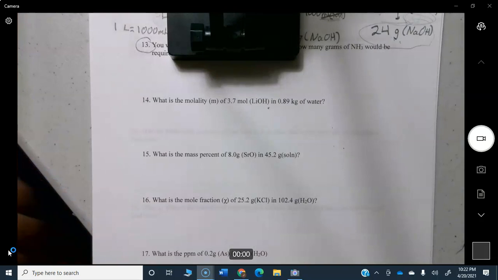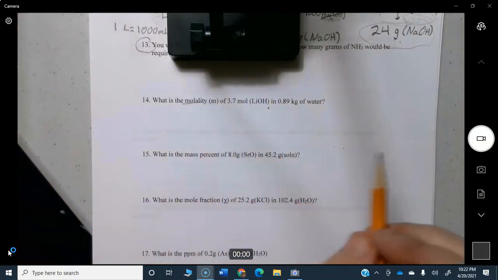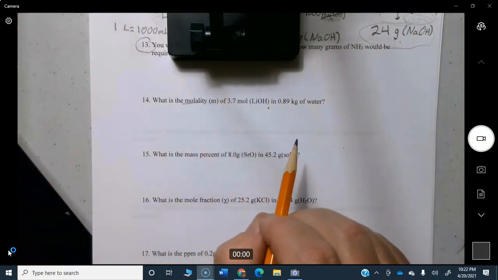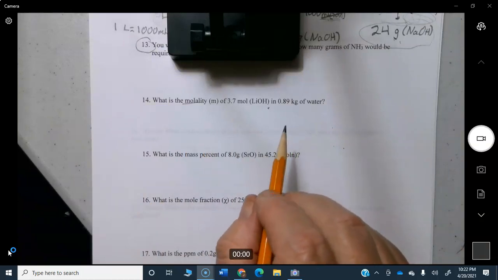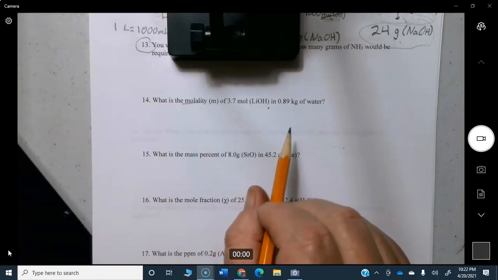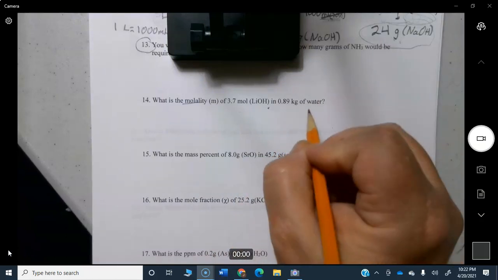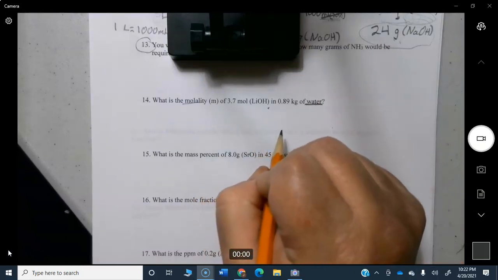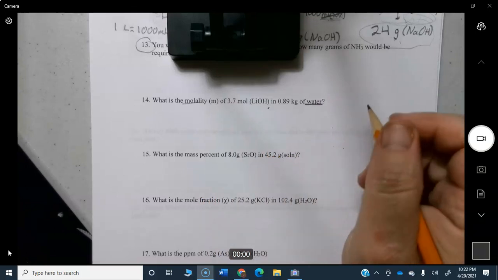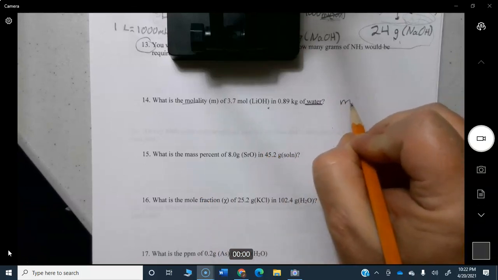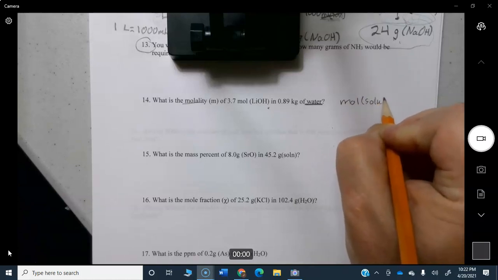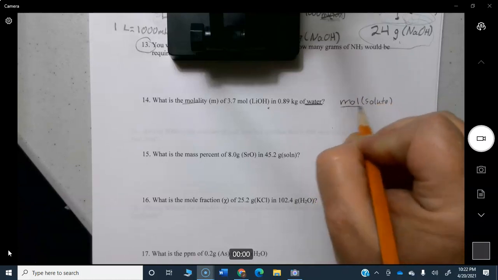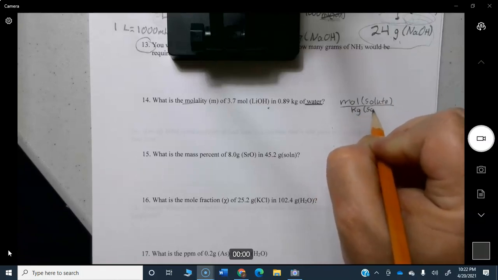Okay, let's go down here now. What is the molality? So now we're dealing with a molality question. Of 3.7 moles of LiOH, lithium hydroxide, in 0.89 kilograms of water. So this time I did mean to say water. Why? Because it's molality. So what is molality? It's moles, let's just write it generally. It's moles of solute over kilograms of solvent.